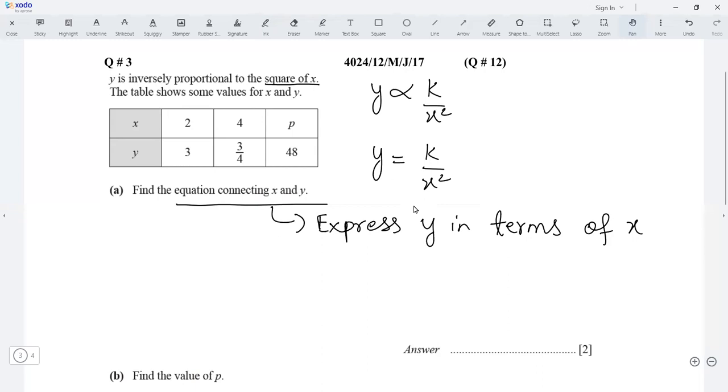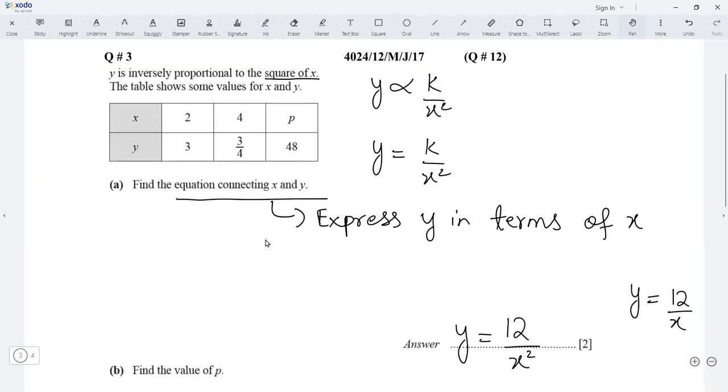Once we have the value of k, putting the value of k in, it will look like this: y equals 12 over x squared. Don't forget the x squared. If you write y equals 12 over x, it will be wrong, and it will affect the next question as well.